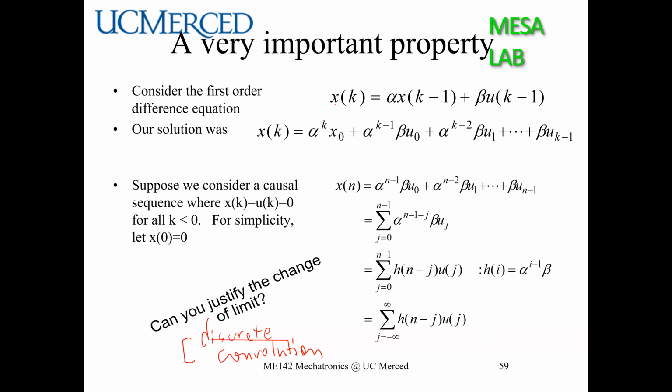So let's come back. This is a general form of the first order scalar difference equation. We know alpha, we know beta, and I have u in here. The solution we wrote for this one has two parts. One is due to the initial state, which I call the zero input response. And this whole thing by the derivation is called the zero state response.